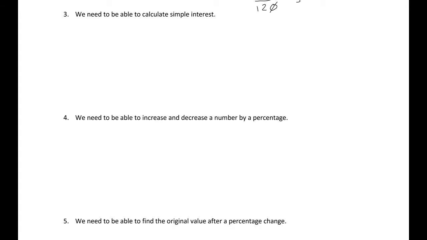So, imagine that I've got £3,000 in a bank, and I've got 10% interest. I want to find out how much I should make after 1 year.